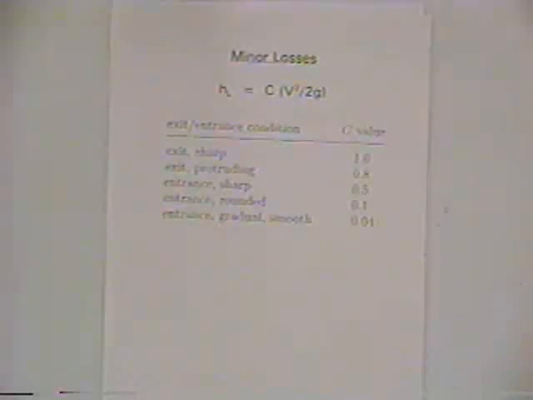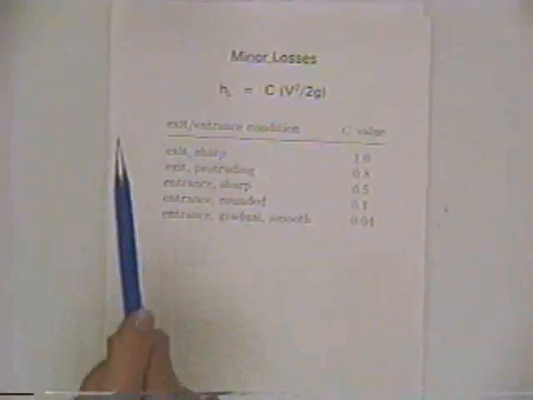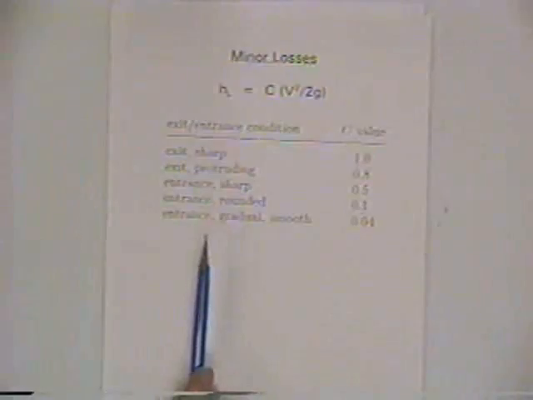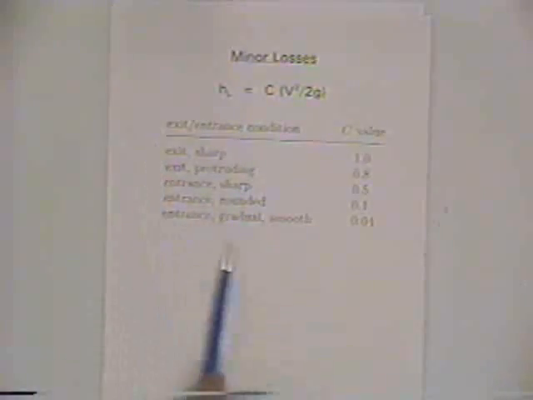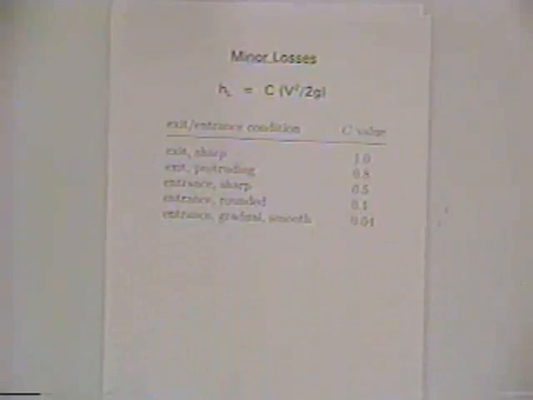In the literature, there are volumes that give minor loss coefficients for different types of valves, different types of fittings, and so forth. Now, your reference manual that you take into the exam gives this table. You've got just a few values for a few cases.